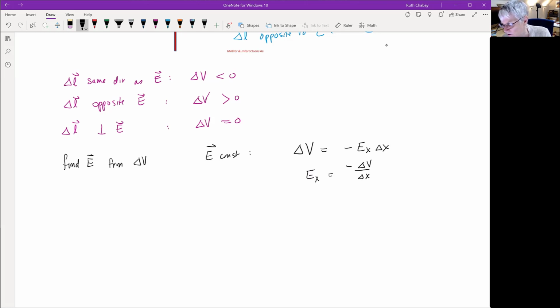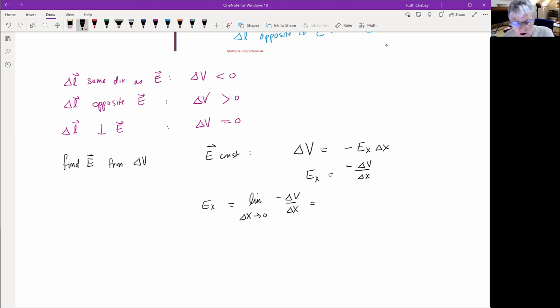Or in the limit, as delta x goes to 0, so we take smaller and smaller steps, which we don't have to do if the field is constant, but what we would actually have to do if it wasn't, E sub x is equal to minus delta V over delta x.